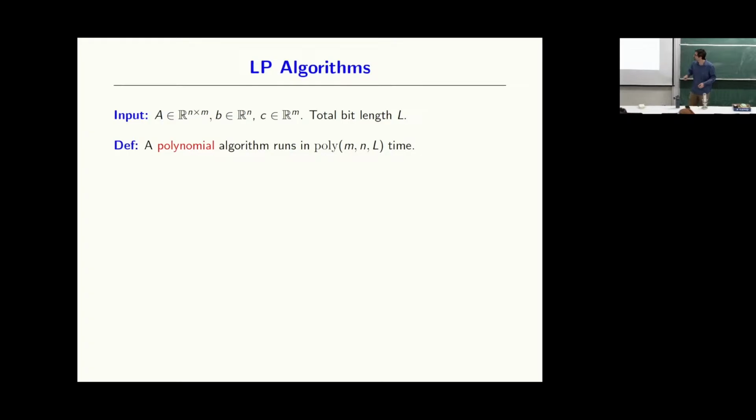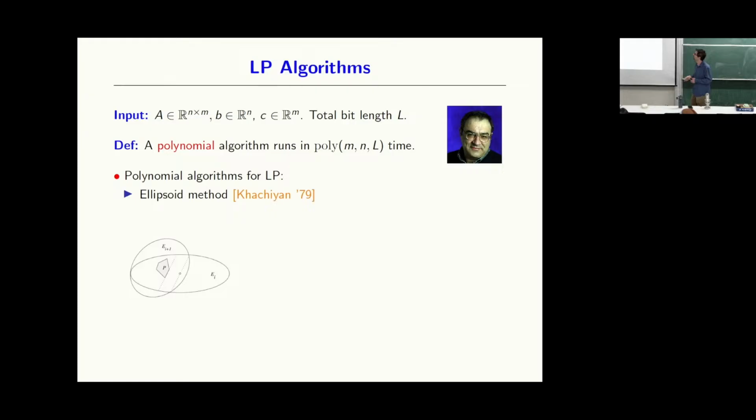Maybe these coefficients of A, b, and c are very large rational numbers, so it might take a lot of bits to write this down, more than just n times n, more than just the dimension of the problem. So a polynomial time algorithm should in general be allowed to run in time that's polynomial in the size of the input.